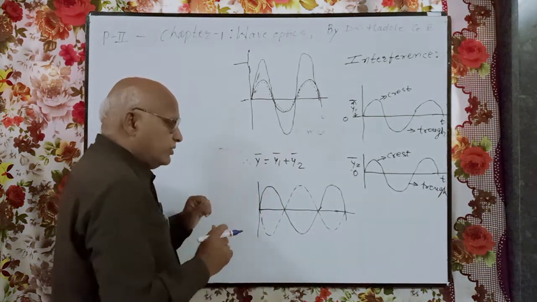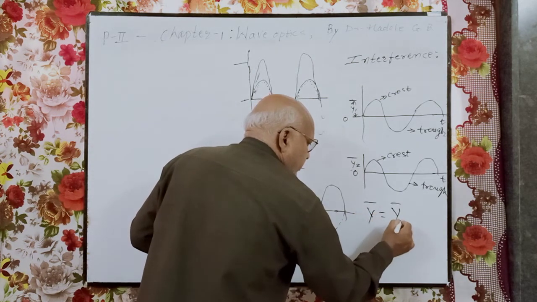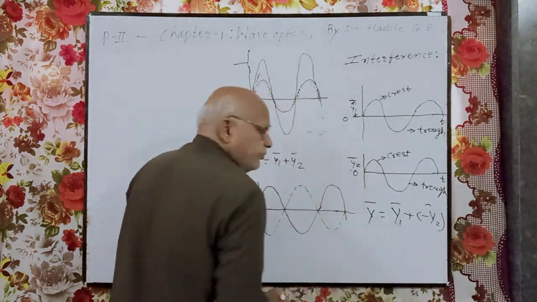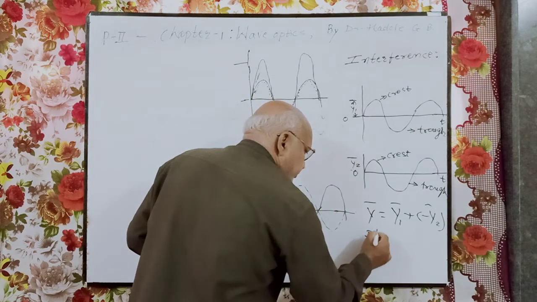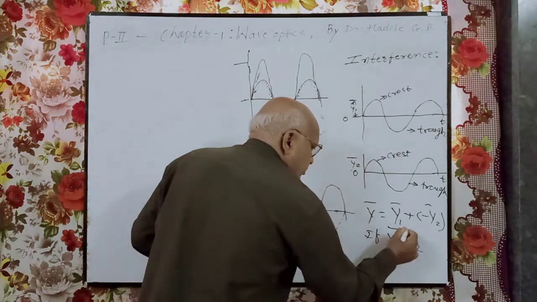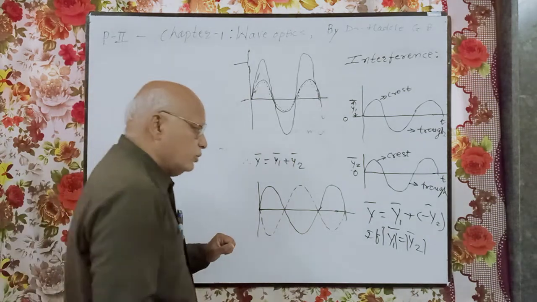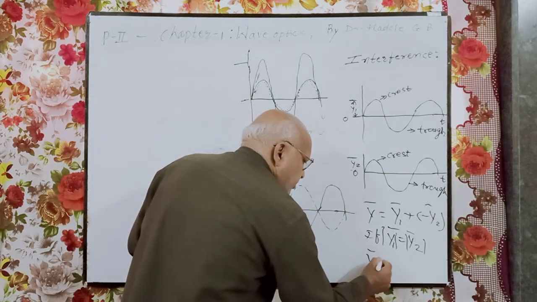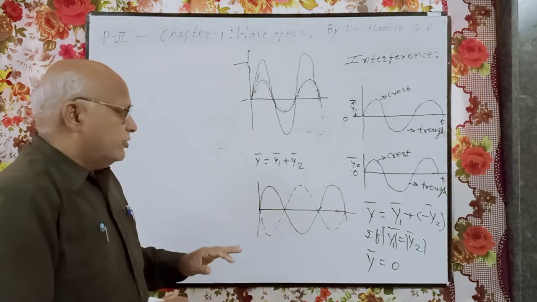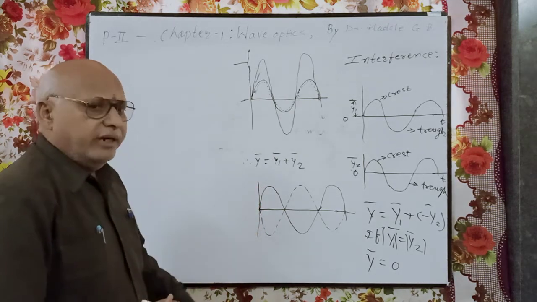There will be a vector sum, y equals vector y1 plus or minus vector y2. If y1 is equal to y2, or the magnitude of vector y1 is equal to the magnitude of vector y2, then this y will be equal to 0. It means the resultant displacement will be equal to 0. Here, the displacement of this wave is going to cancel with the displacement of the other wave.